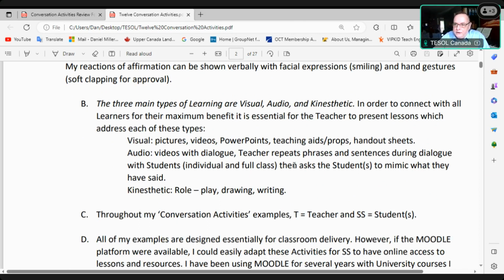But even though I'm a visual learner predominantly, I also learn through hearing things and by building things, doing things with my hands. So we all have all three of these learning styles within ourselves, but one is usually dominant.